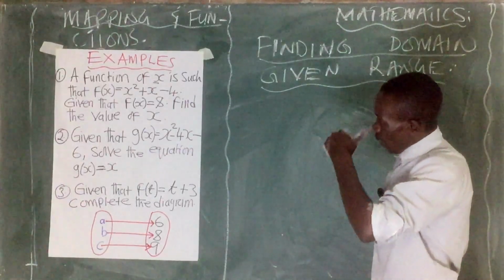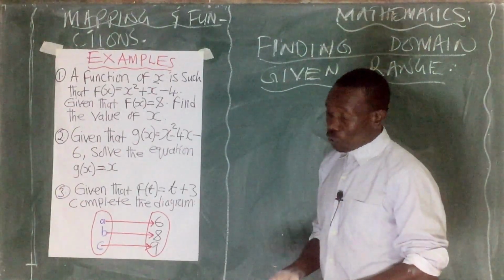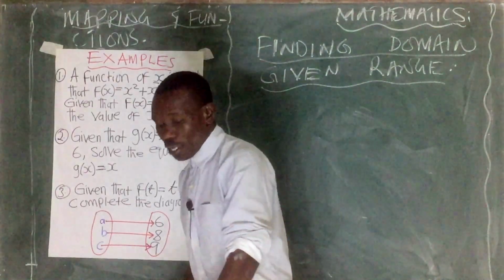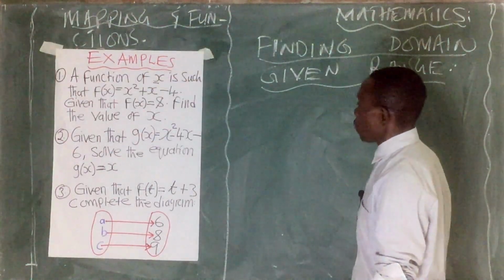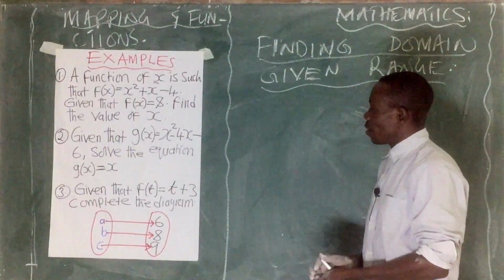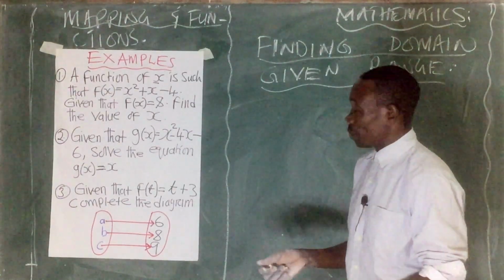So I have 3 examples here, which will help us understand how best to work out the members of a particular set given the other one.